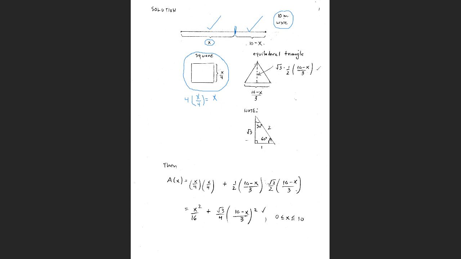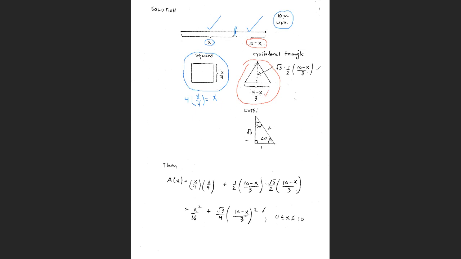All right, the other piece of the wire is the 10 minus x part, 10 minus x meters, and we're going to bend that into an equilateral triangle. Here's the equilateral triangle. In an equilateral triangle, every side has the same length, so each side would have length 10 minus x over 3.